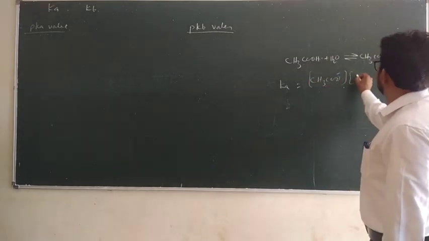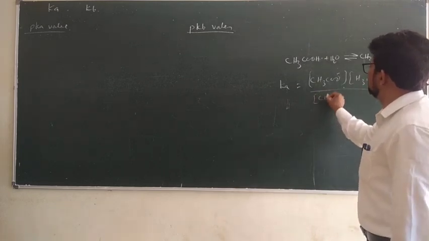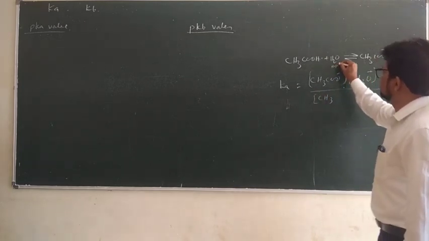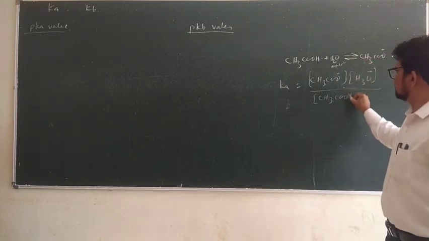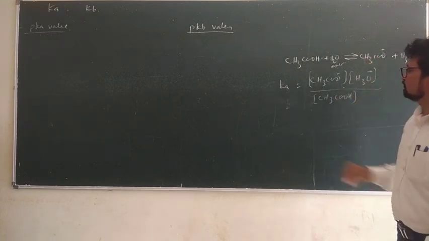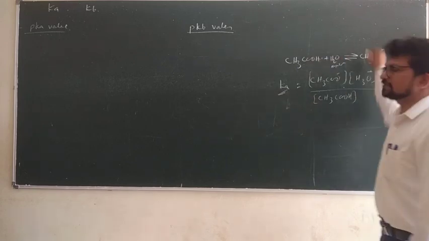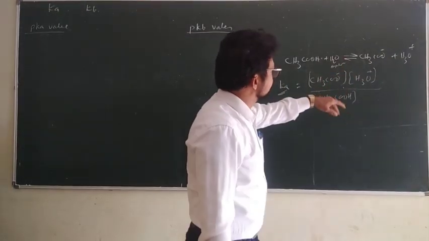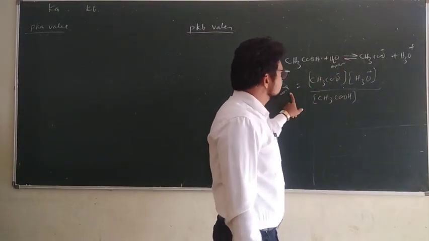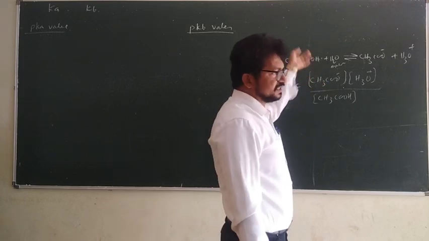Acetate ion concentration, hydronium ion concentration, divided by acetic acid concentration; water is a solvent in excess, its concentration is unity. So a high value of Ka means the acid is relatively stronger, because ions are in the numerator. If the Ka value is more, ions are more. Ions are more means ionization is more.